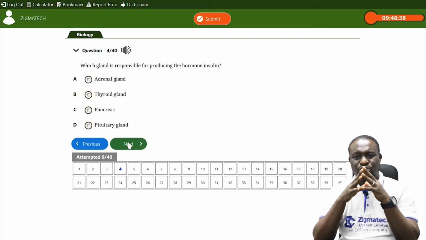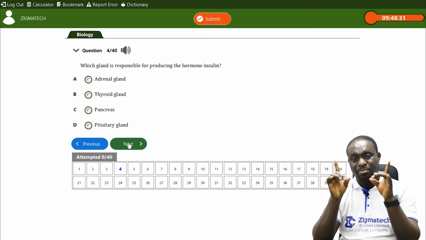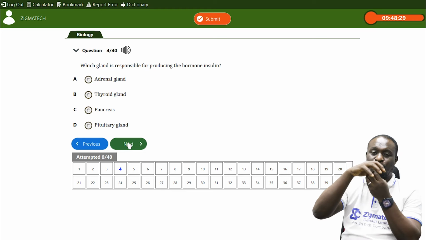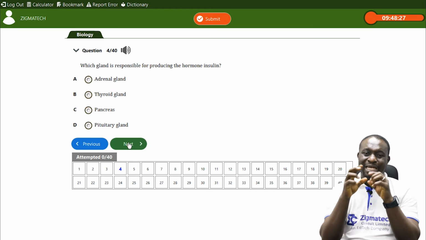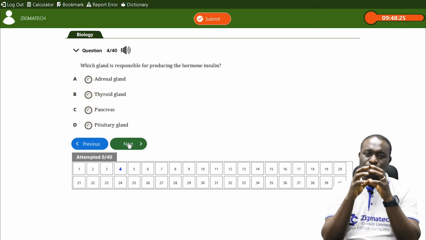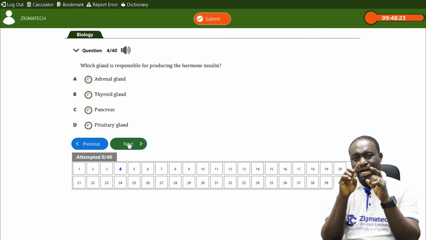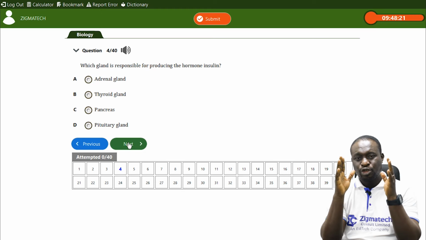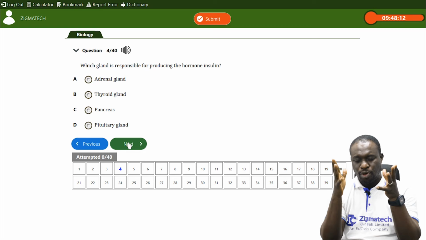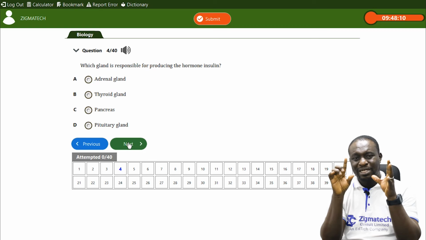Option D says pituitary gland. No, not pituitary gland. Please note this: the pancreas is not located on top of the kidney. It is the adrenal gland that is located on top of the kidney. If you look at the structure of the human body showing the hormonal coordination, you will notice something that looks like a leaf.